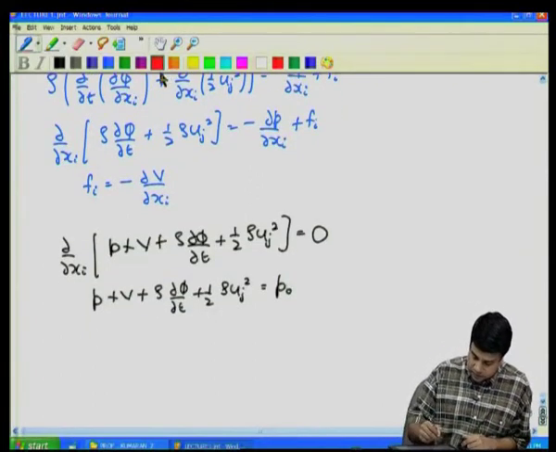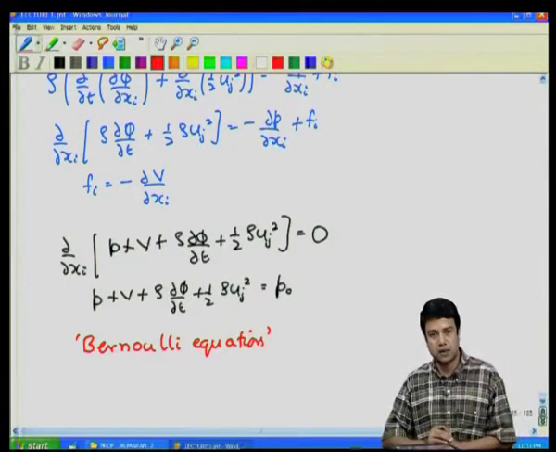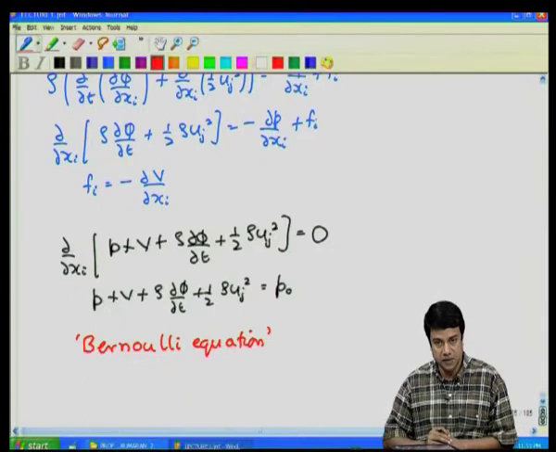This is what is known as the Bernoulli equation. For gravitational flows, for example, for a flow under gravity, this V is equal to rho g times the height.